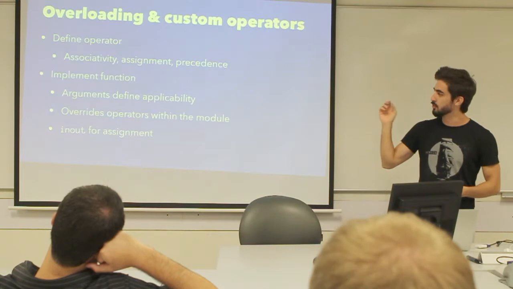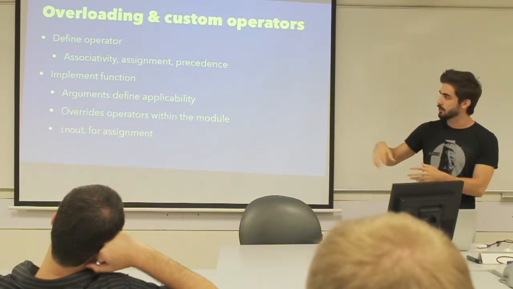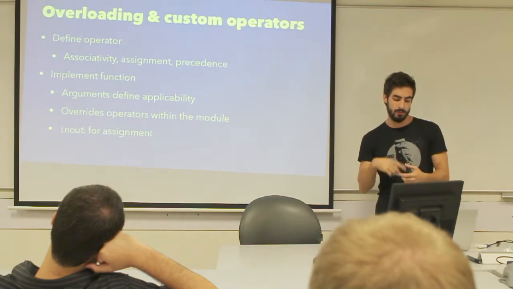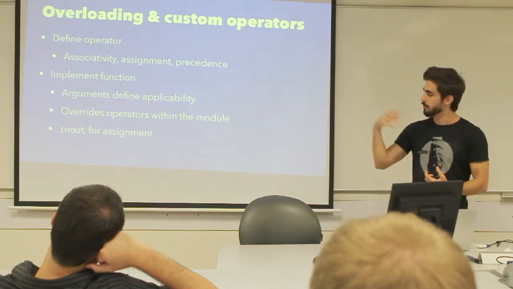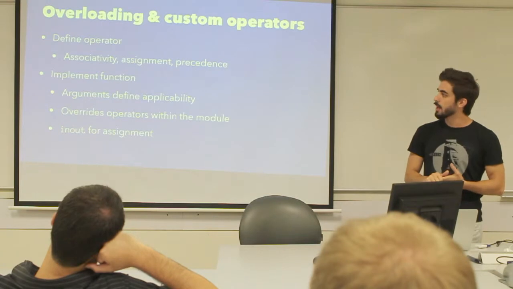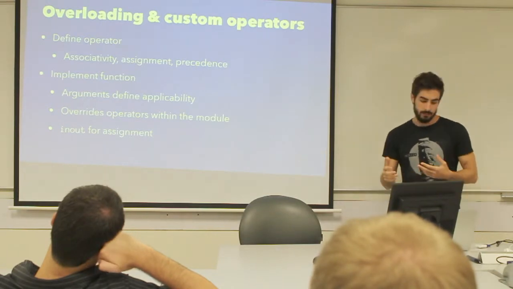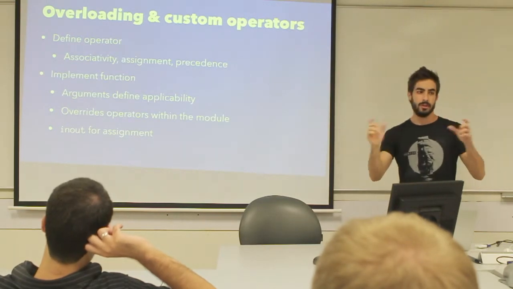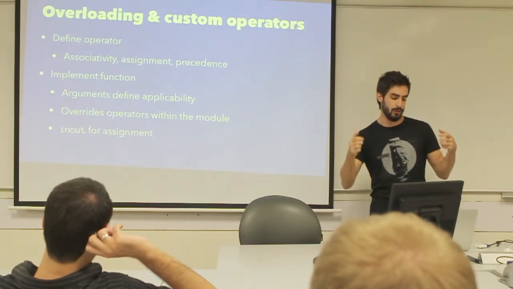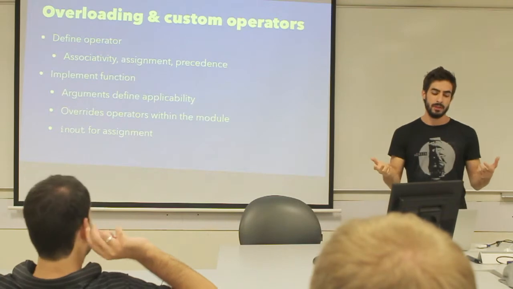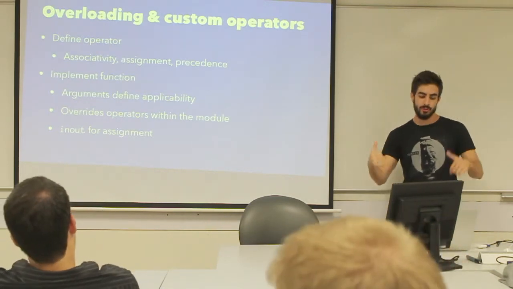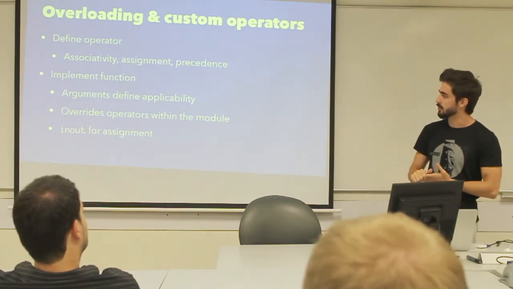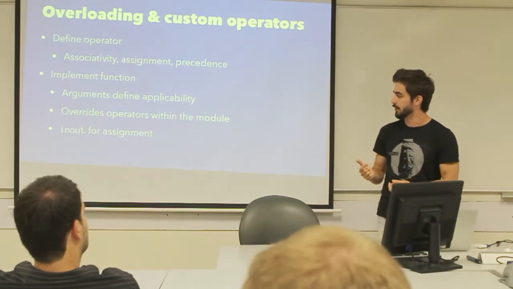You define the operator, that's your header, and then you have the function that actually implements it, or if you overload it, you just implement the new function. Your argument types define what you are actually acting on. So you can have the same operator, like plus, that acts on numbers or on strings, and just by the argument types you would know which one you are acting upon.